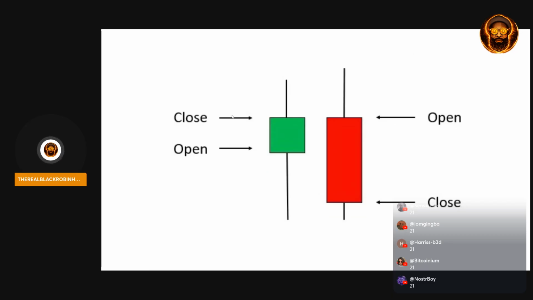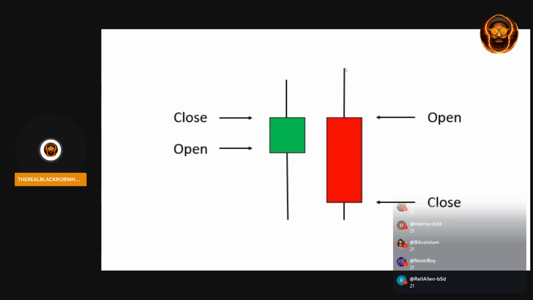Same thing here. You can see that the high and the bottom of the red candle engulf the body of the green candle, right? If the body engulfs it or the wick engulfs it, either way, it's a bearish engulfing.